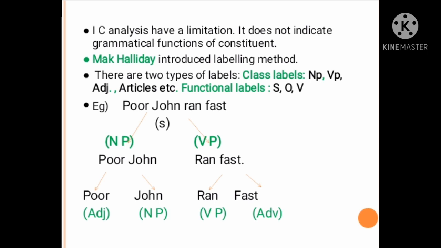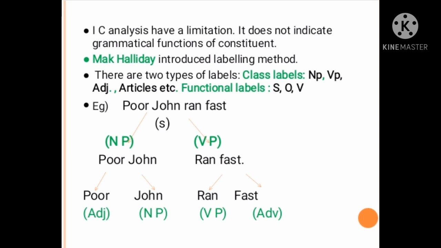Later, the linguist M. A. K. Halliday introduced the labeling method. There are two types of label, that is class label and functional label. Class label is labeling noun, verb and adjective, and functional label is labeling subject, object and verb in a sentence. Here is an example for the labeling method.